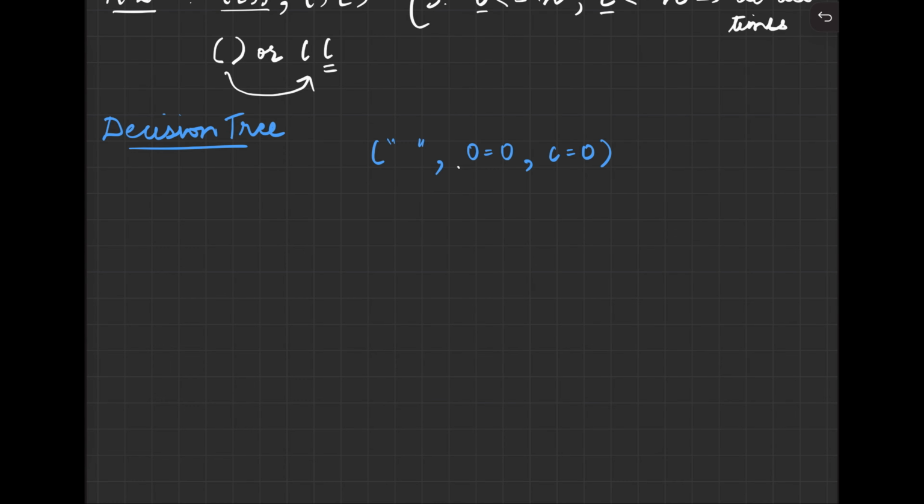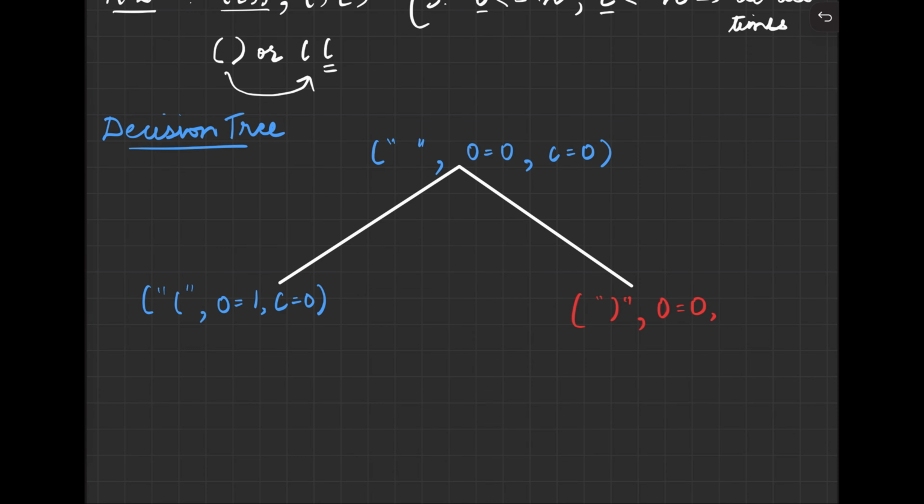From this root, we decide on two choices: either we add an open brace, and in that case, the number of open braces will become 1 and closed remains 0, or we add a closed brace. Here open will remain 0, but closed will become 1.